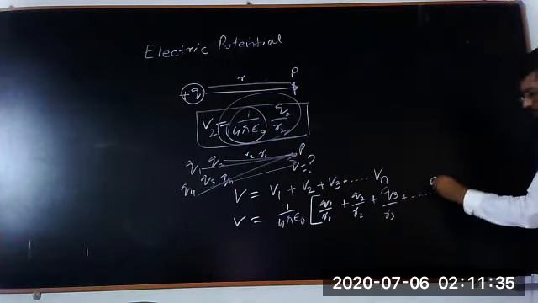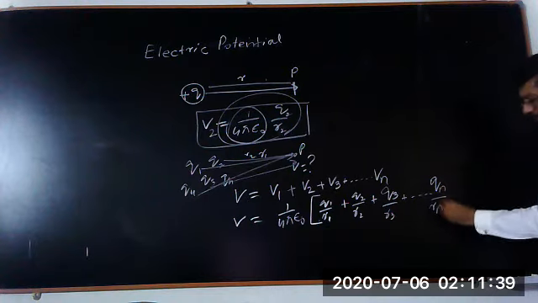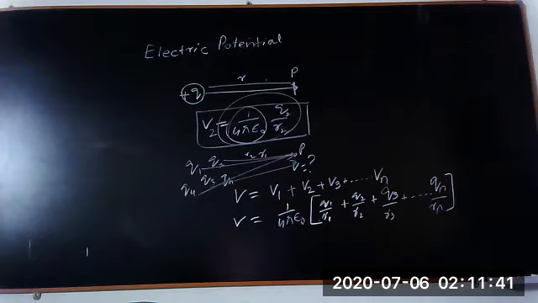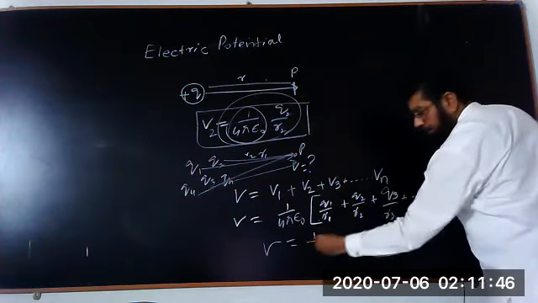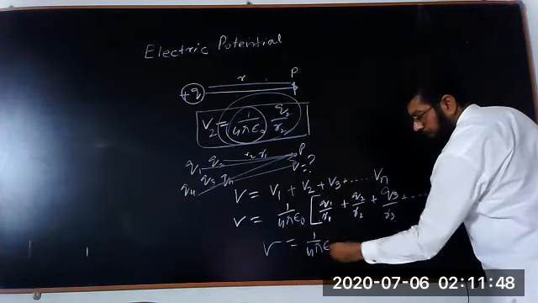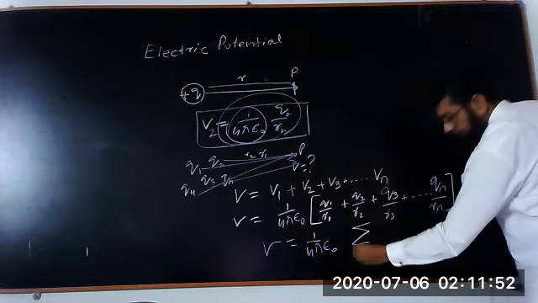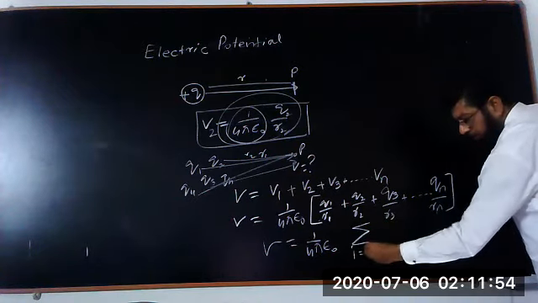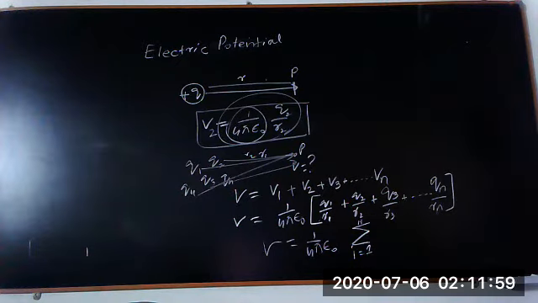Up to the last one, which is due to Qn at a distance Rn. So here this V can be written as 1 upon 4 pi epsilon naught times the sum over all charges, where i varies from 1 to n, because the total number of charges is n.